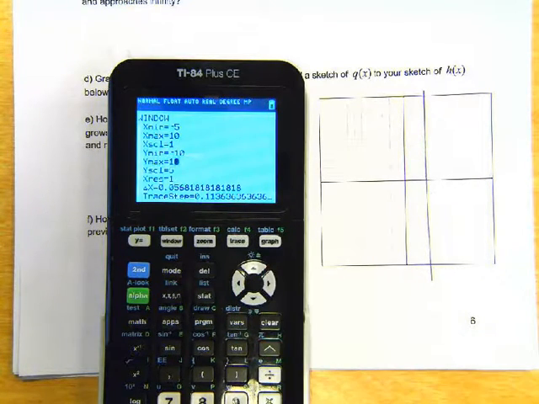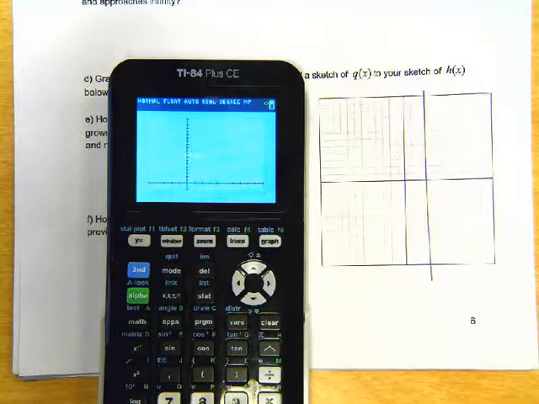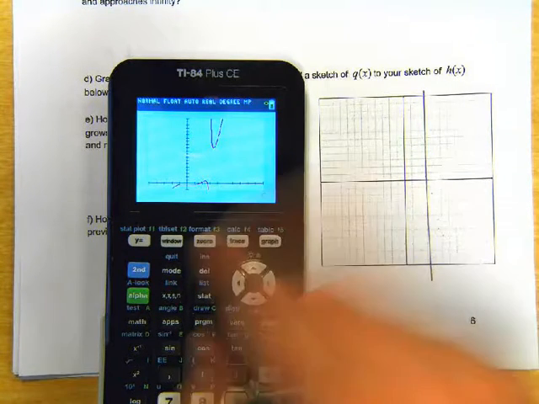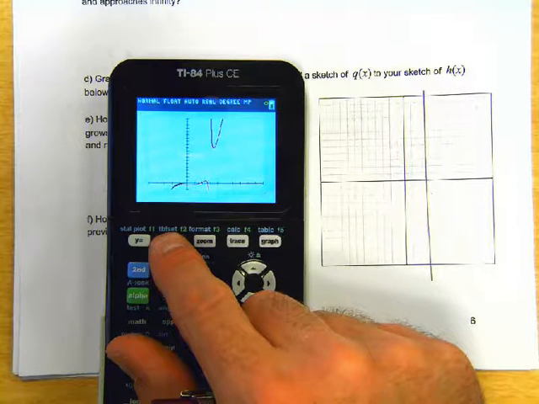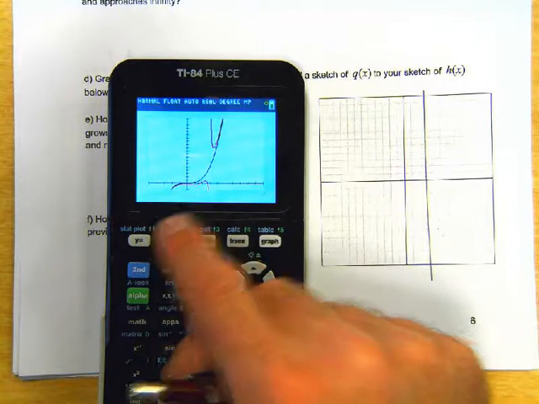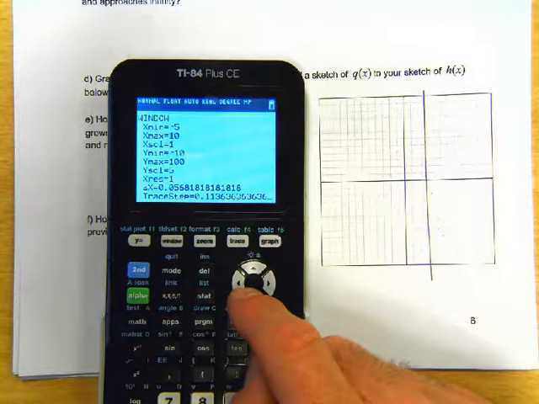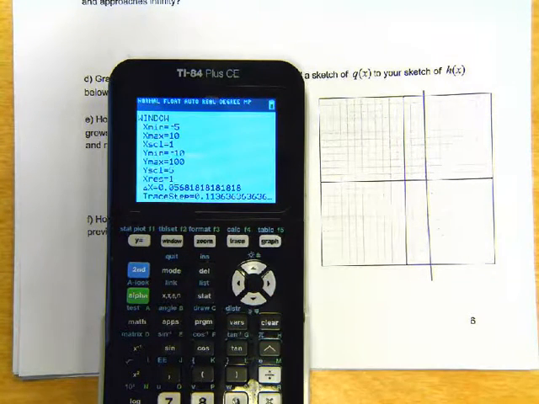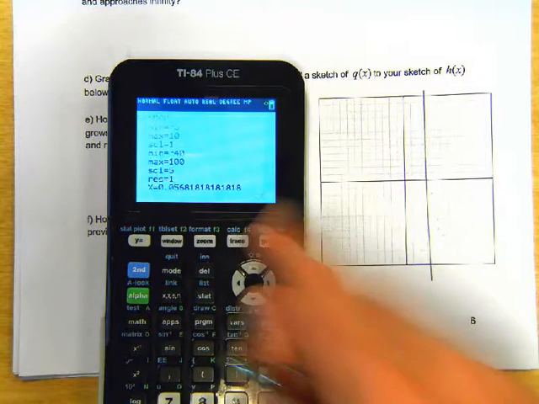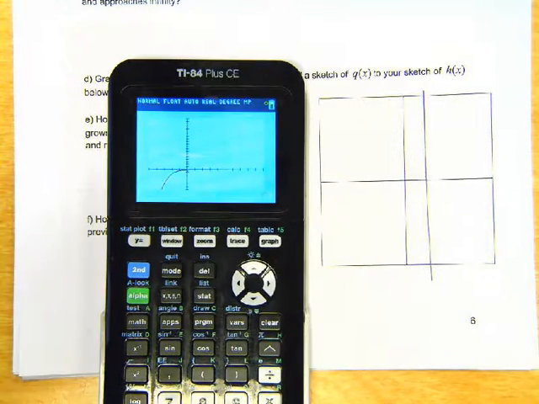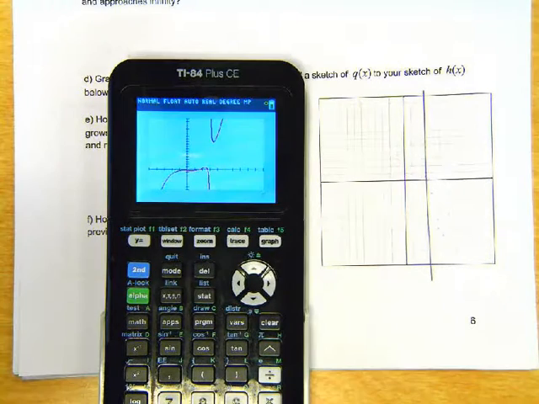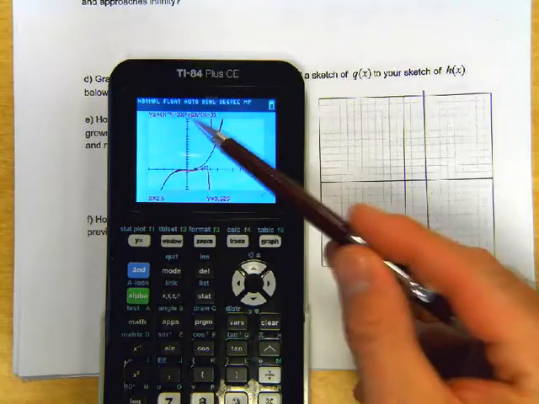I'm going to go Y max 100 because I know there's more. There it is. Okay. And then I'm going to do the Y min a little bit more too, so we can really see it good. There we go.